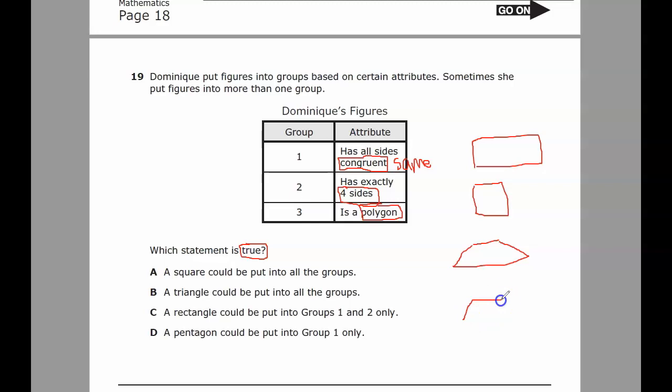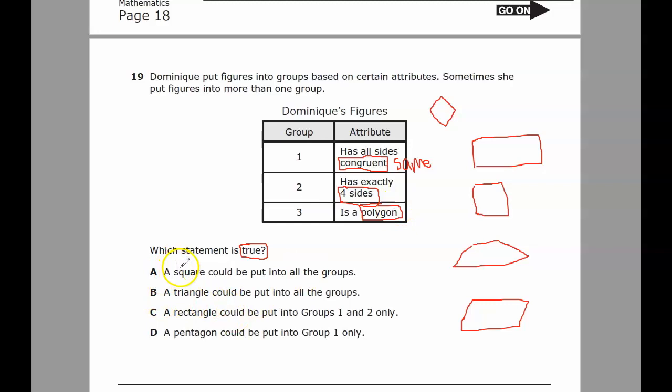We could have a parallelogram. We could have a rhombus. A rhombus. Okay? So think about these quadrilaterals. Which one has congruent sides, has 4 sides, and is a polygon?